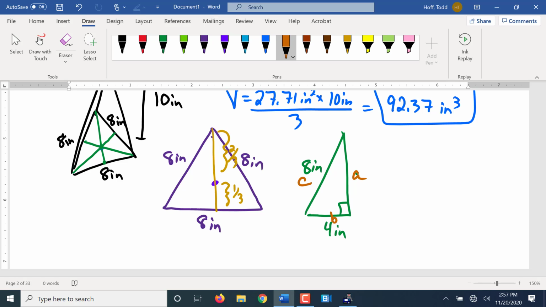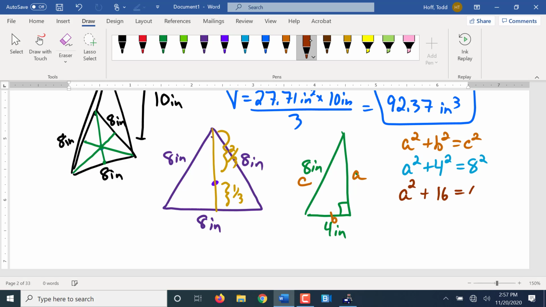A and B have to be the legs. They have to form the right angle. So A squared plus B squared equals C squared. We're looking for A squared, but we know B is 4, so that's 4 squared, and C is 8, so that's 8 squared. We're not going to do anything with the A squared yet. What's 4 squared? 16. What's 8 squared? 64. So now we will subtract 16 from both sides. A squared equals 48.